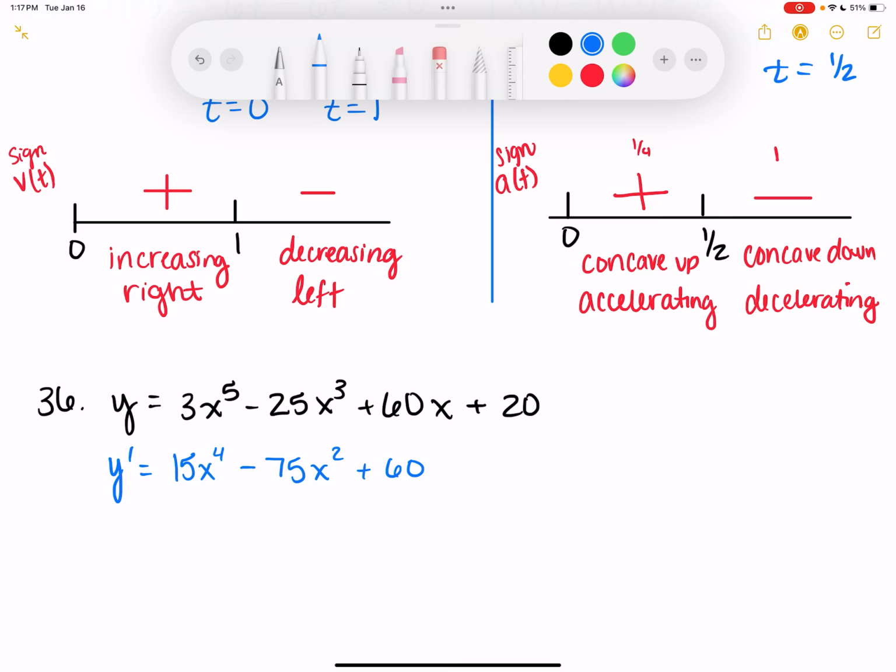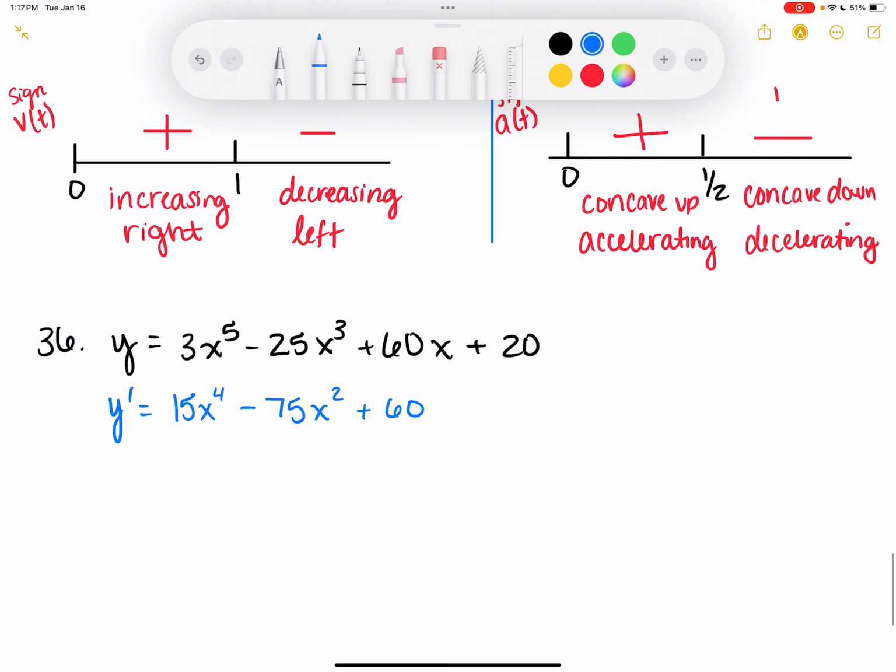Now you want to take the second derivative. Go ahead and do that. Which is 60x cubed minus 150x.